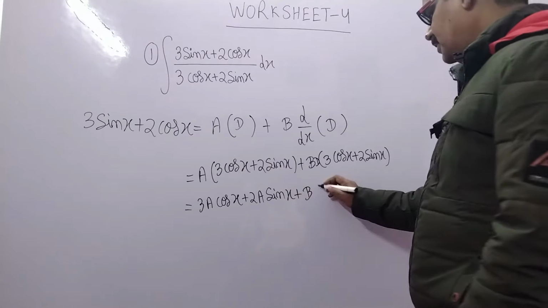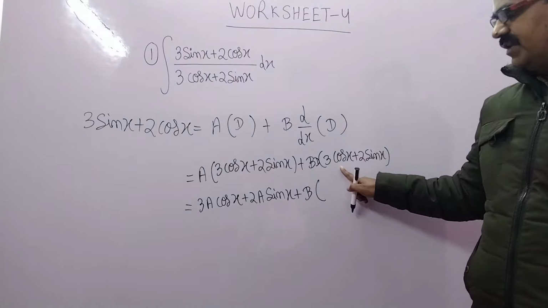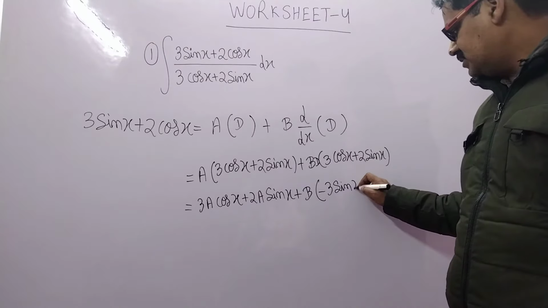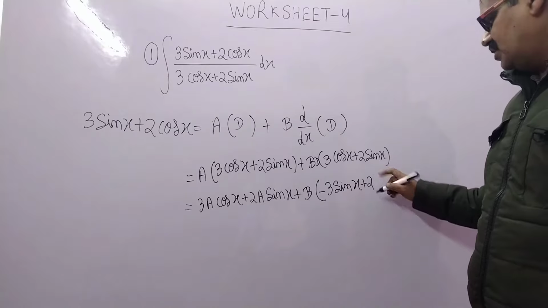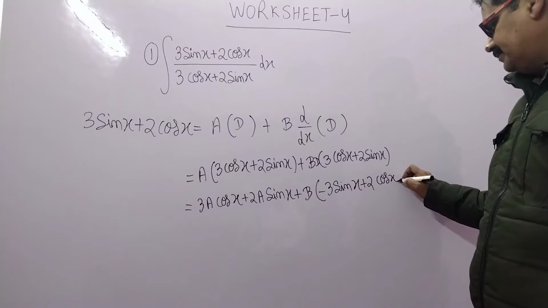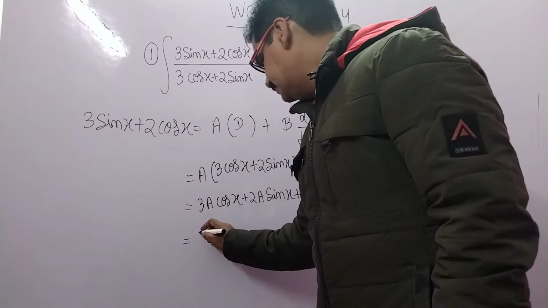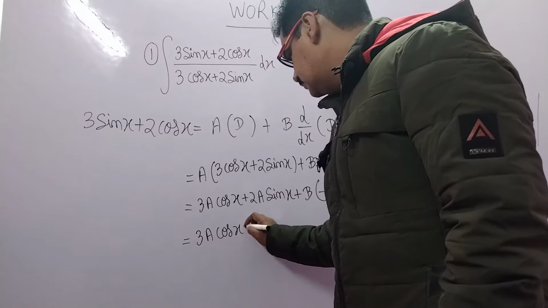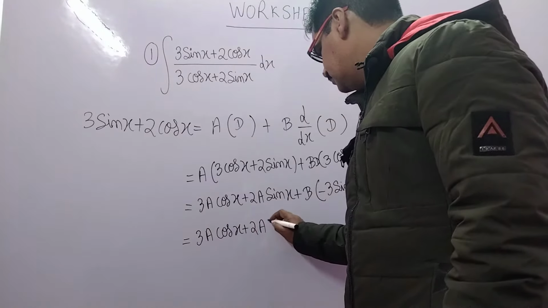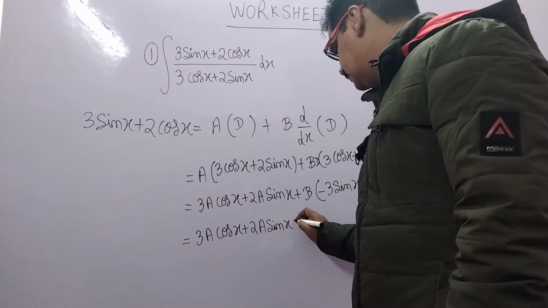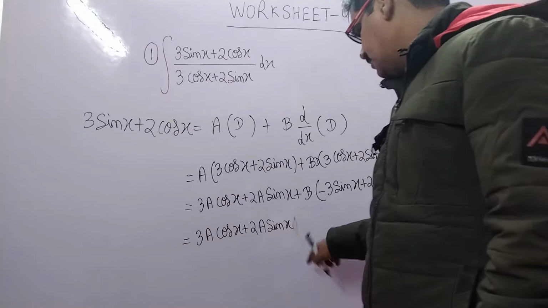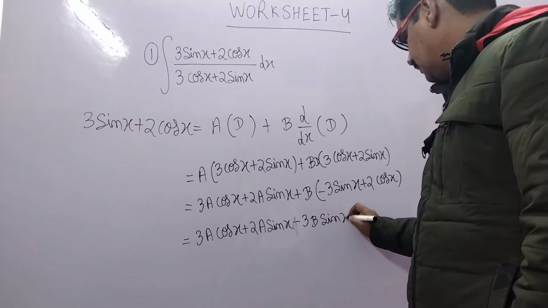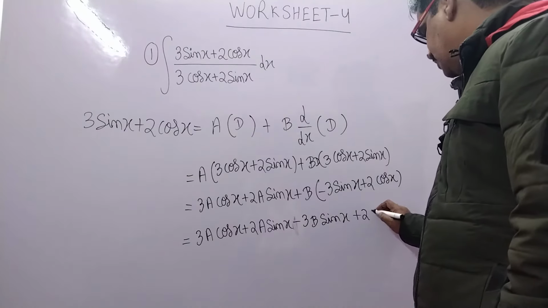Differentiation of 3 cos x plus 2 sin x: differentiation of cos x is minus sin x, so it becomes minus 3 sin x, plus differentiation of sin x is cos x. Multiplied by b, we get minus 3b sin x plus 2b cos x.